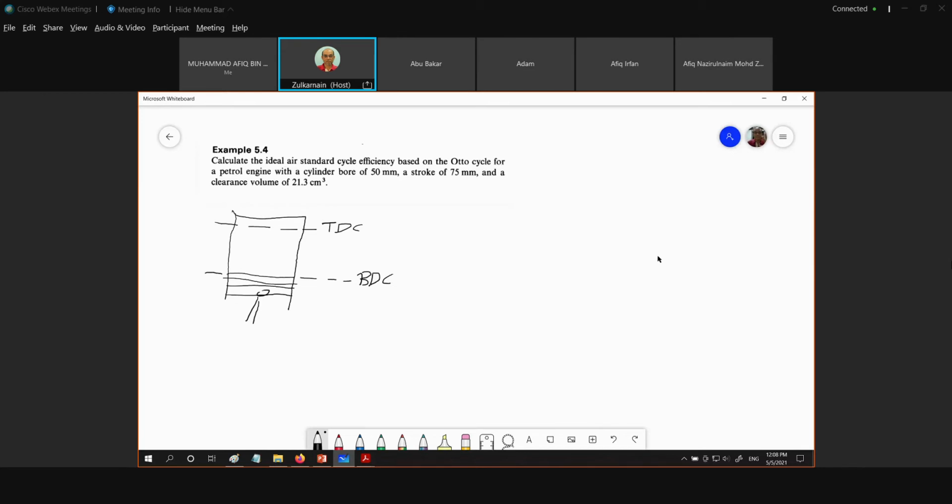This is our bore. Okay, let's say this is D, capital D. And let's say this is L, the stroke, the length of stroke.